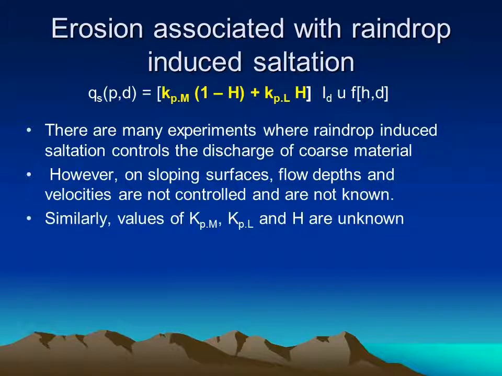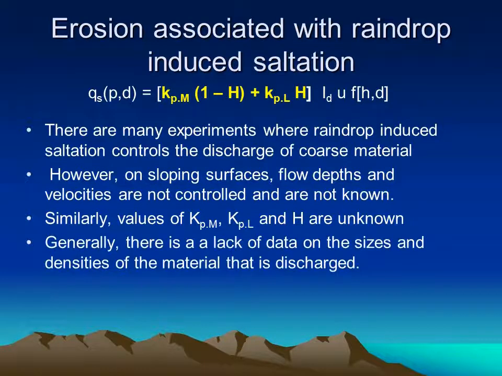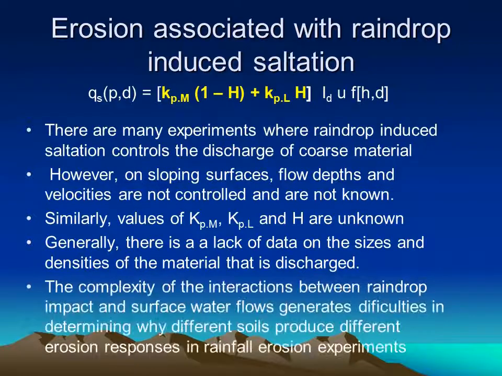Similarly, values of Kpm and Kpl and H are unknown, and generally there's a lack of data on the size and densities of material that is being discharged. The complexity of the interactions between raindrop impact and surface water flow therefore generates difficulties in determining why different soils produce different erosion responses in many rainfall erosion experiments.